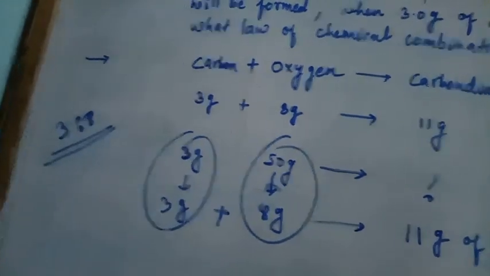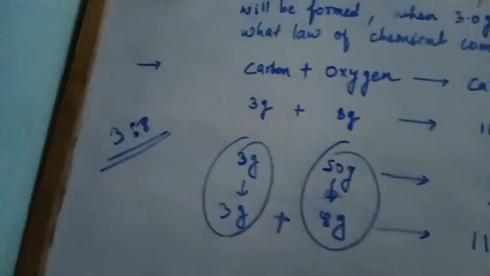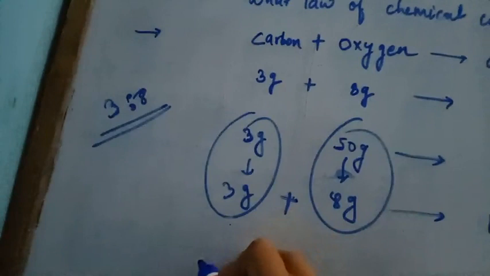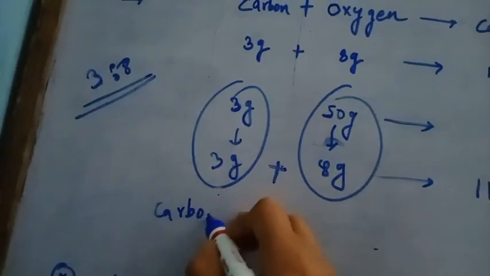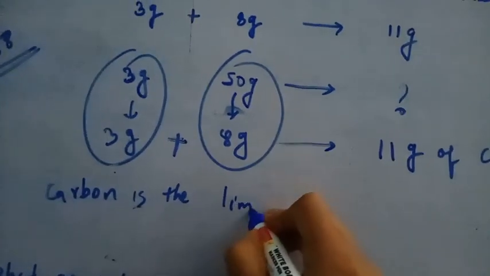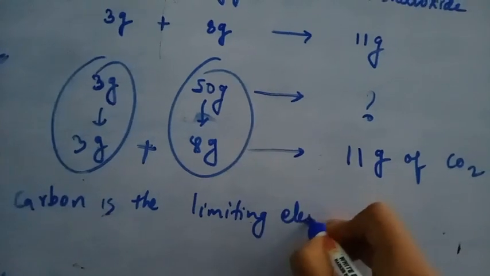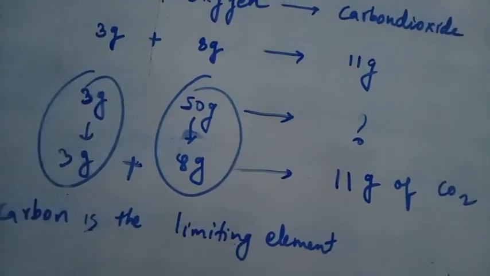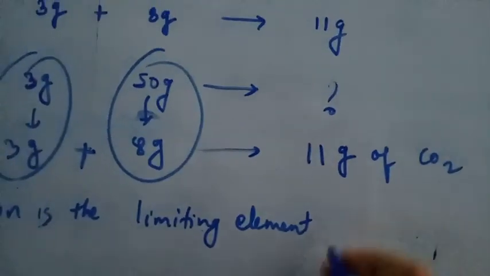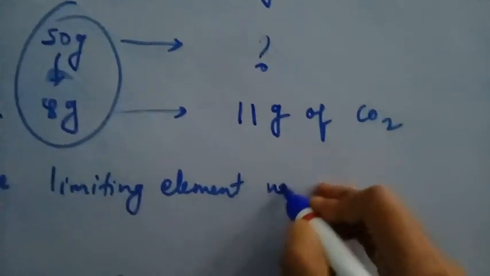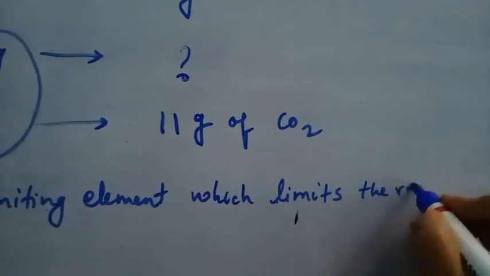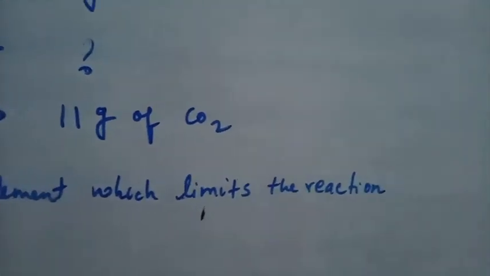Okay, so here you can see 3 grams of carbon. So here we can write that carbon is the limiting element, which limits the reaction.